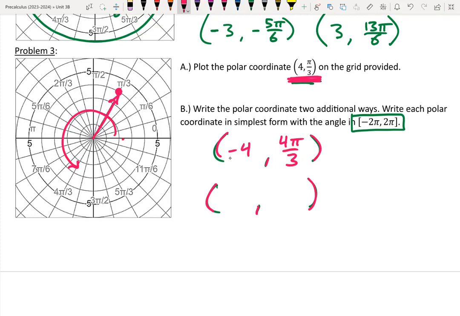What do you have? So -4 and then what? So you said -5 pi over 3? Okay, so let me think about that. And you said the 4 was negative?